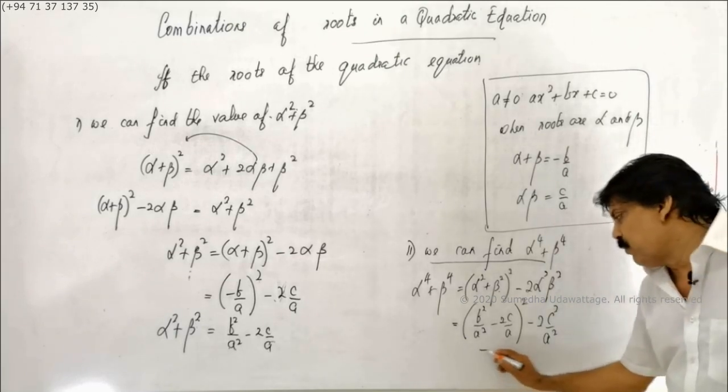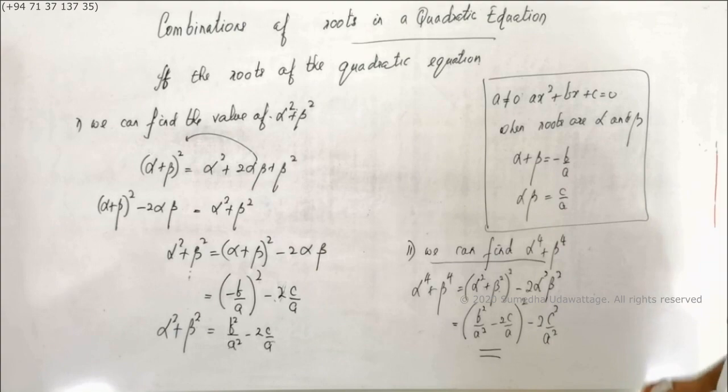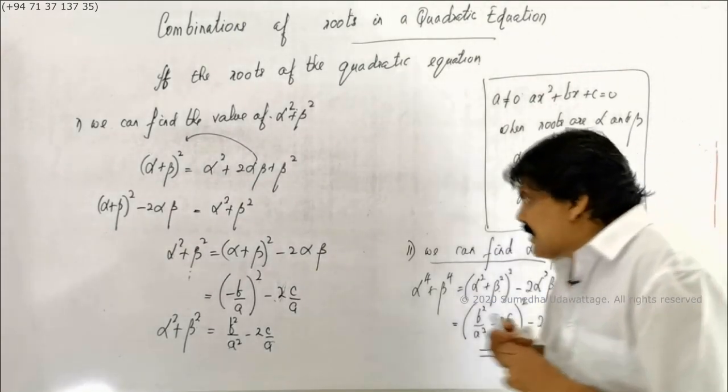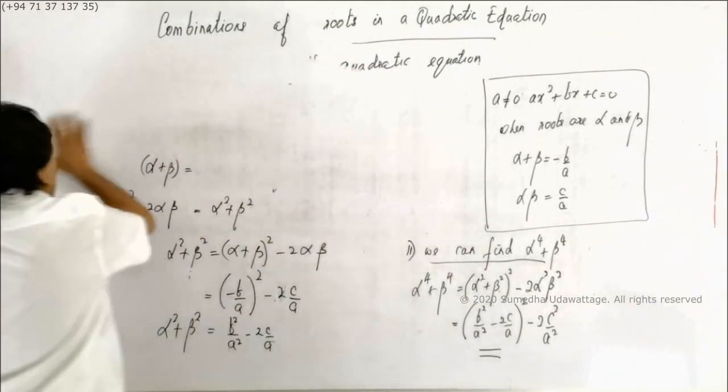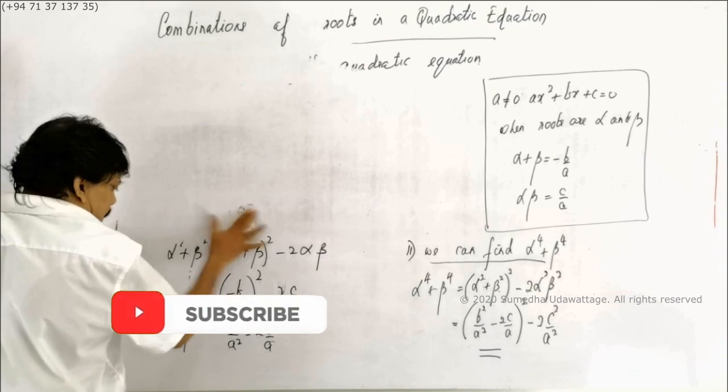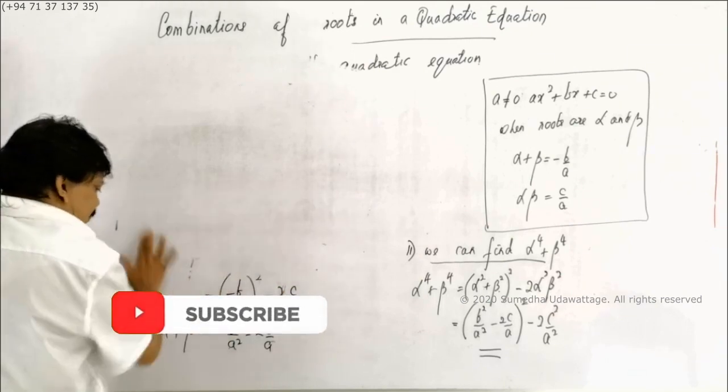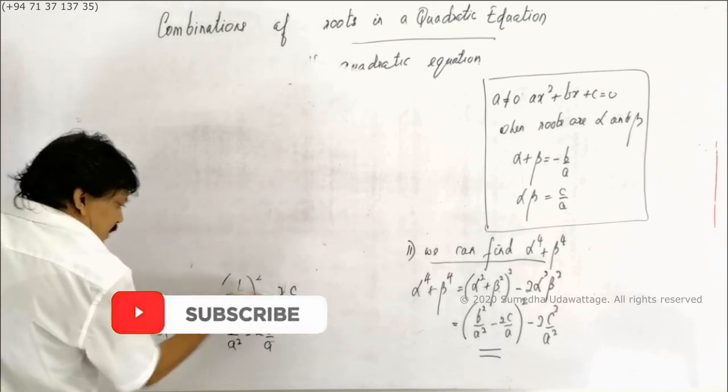This is alpha 4 plus beta 4. Now, in the same manner, we can find alpha square beta square was this.